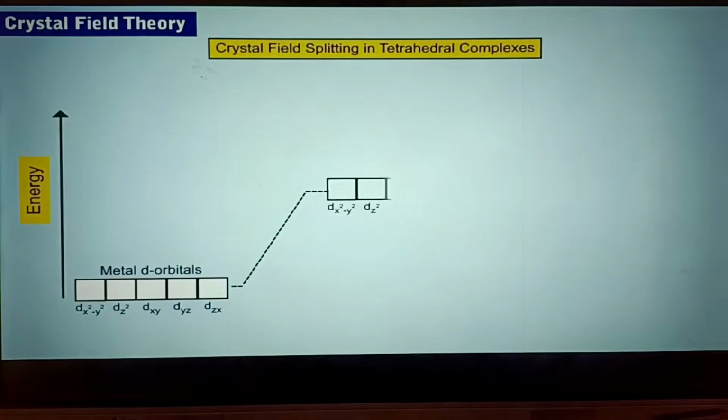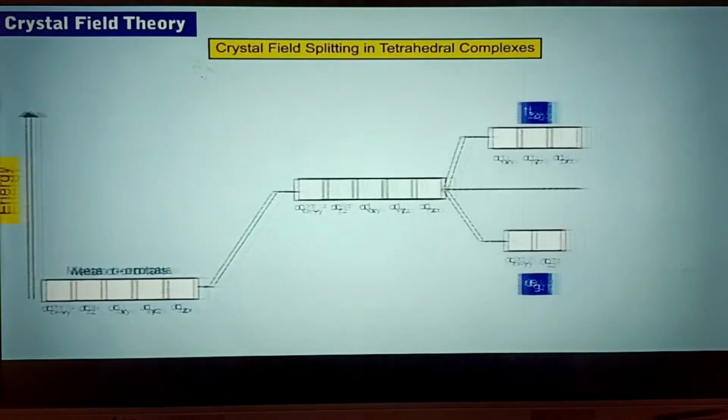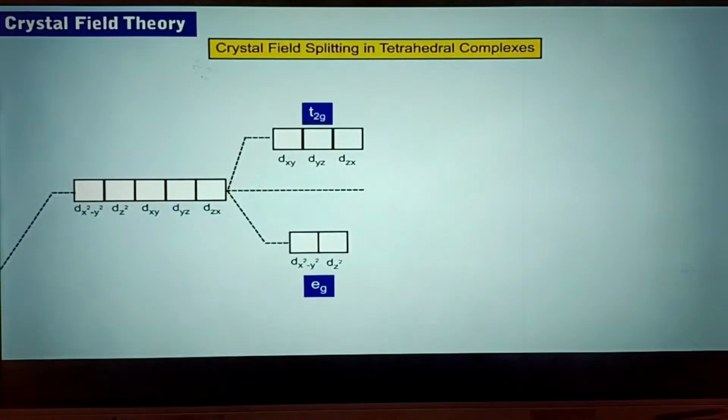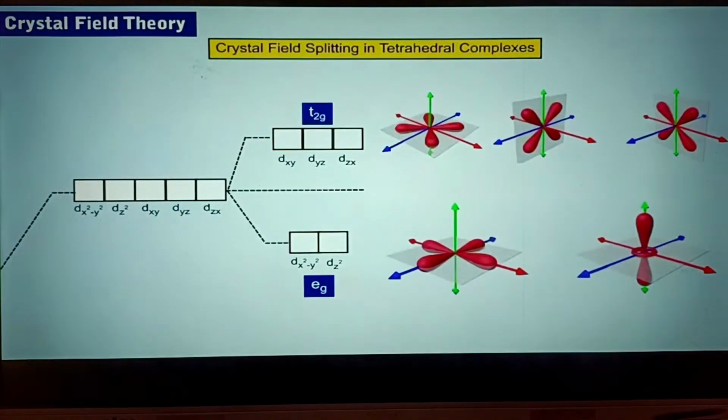Now, let's look at the crystal field splitting in tetrahedral complexes. The approach of the ligands in a tetrahedral field is as shown in the figure. You can observe from the figure that the ligands interact more with the T2g orbitals than the Eg orbitals lying between the axes.